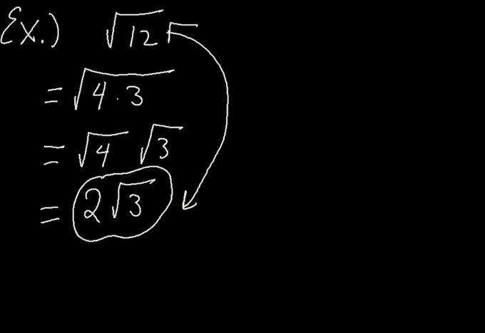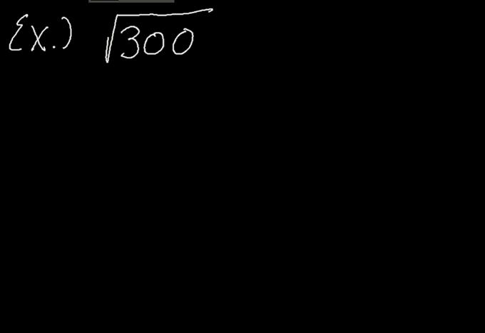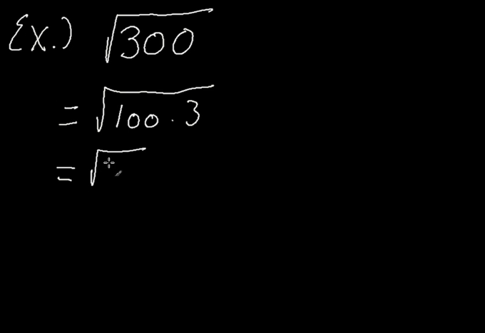All right, so let's go to a slightly harder example, and that's the square root of 300. I need to think, is there a perfect square inside of 300, and what would the largest one be? I found that 100 is in 300, so 100 times 3, and I can break this up by the product rule.